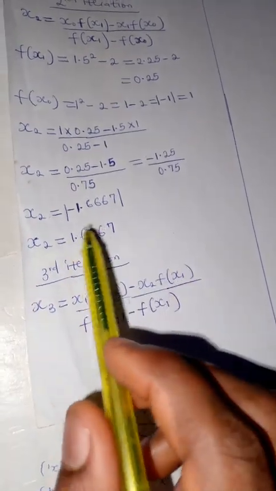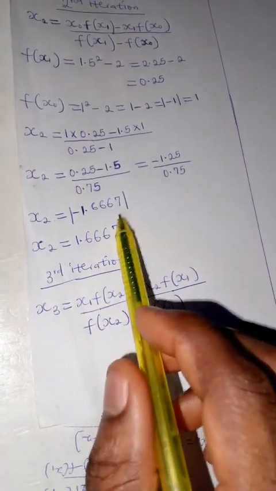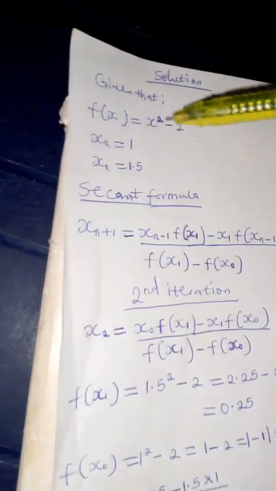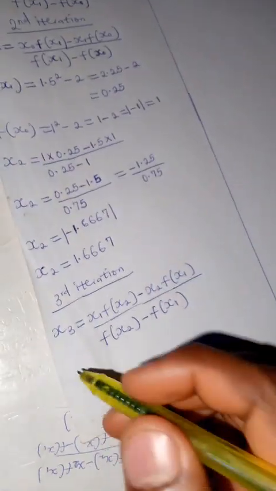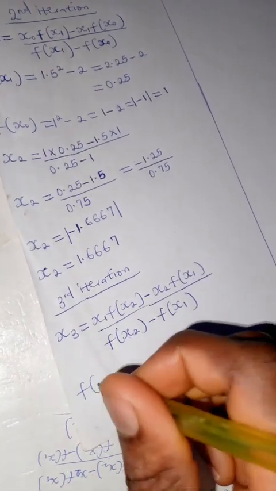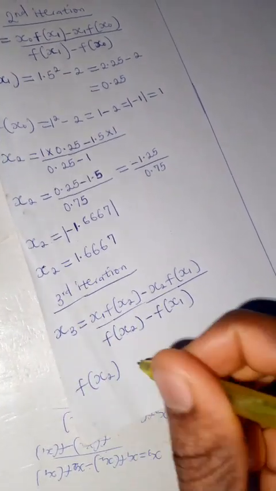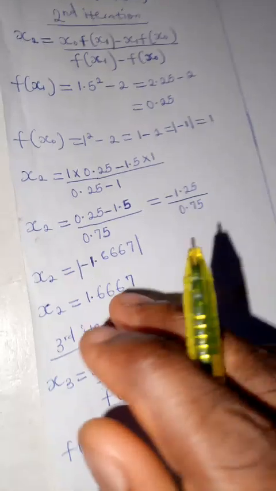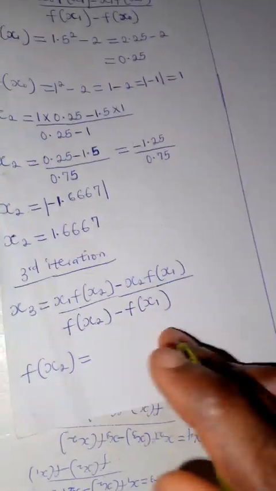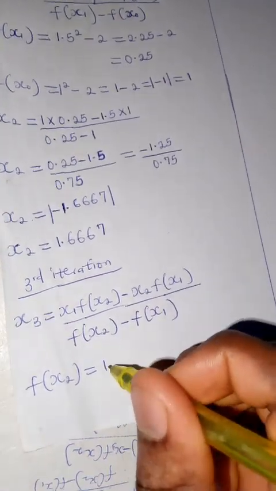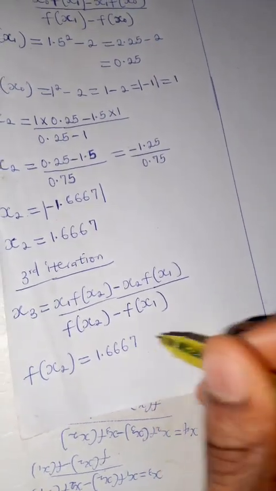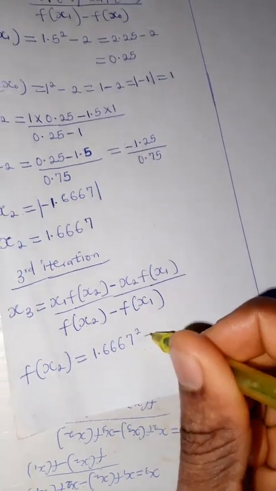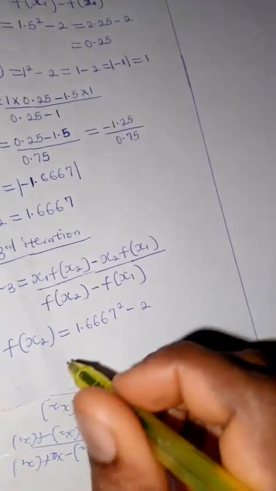The thing you are going to do, you carry this value, substitute it into this formula to get your f of x2. So f of x2 equal to, x2 is 1.667, so 1.667 squared minus 2.